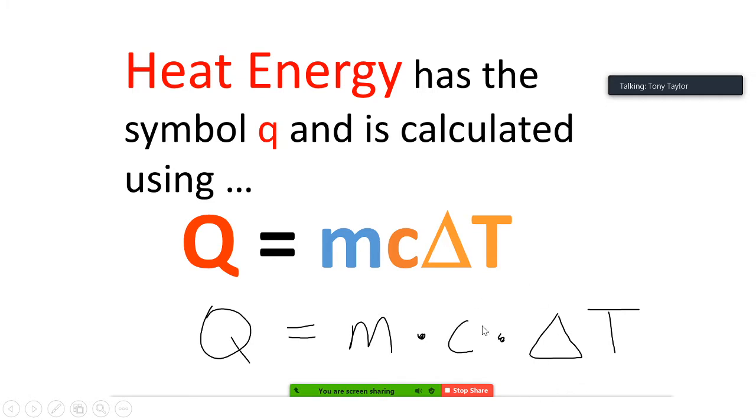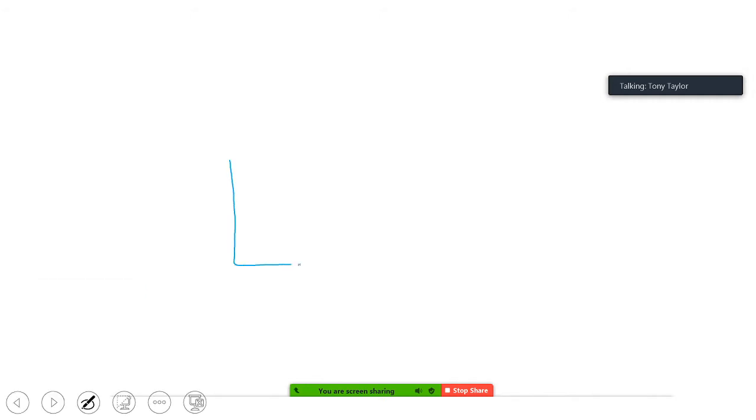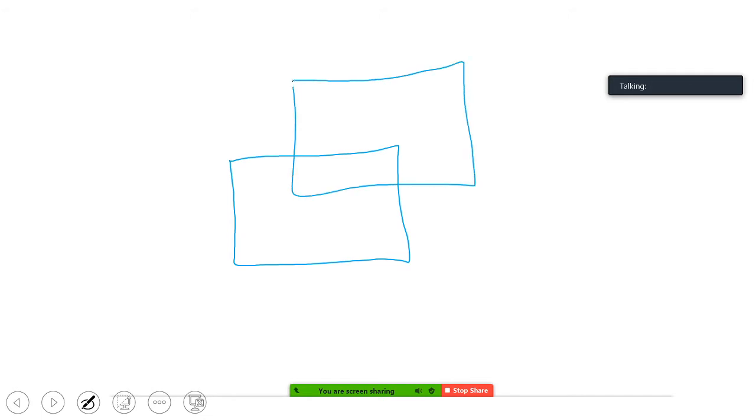Okay. Before we use this equation, real briefly, let me explain what this equation means and what it tells us. Imagine that I had a block of ice. Imagine I put this block of ice in the microwave.